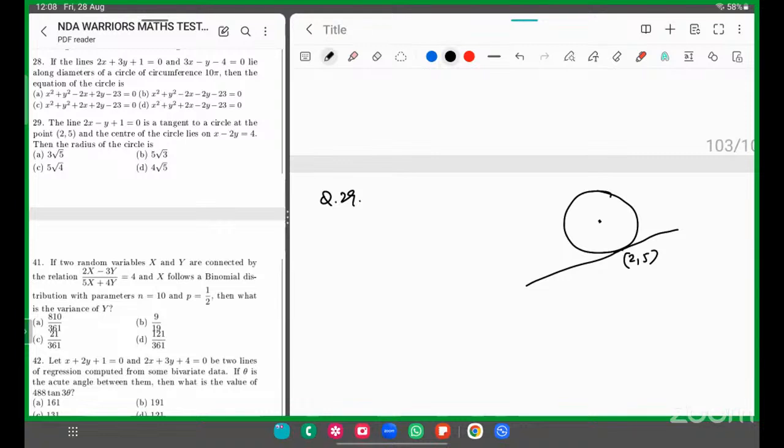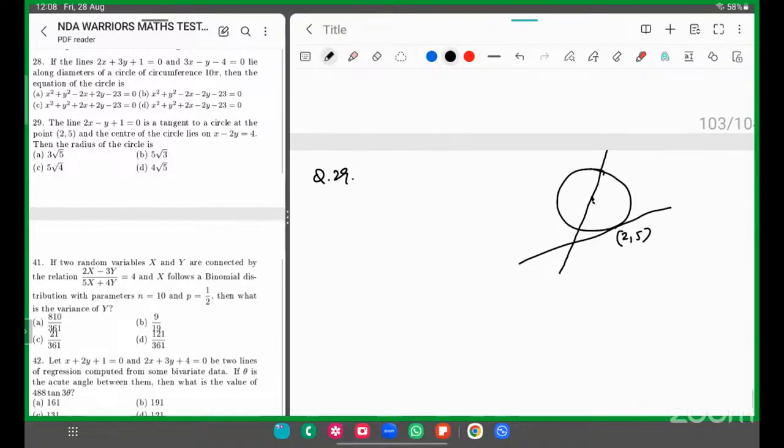Some another line like this it is passing and this is the normal, 90 degree.